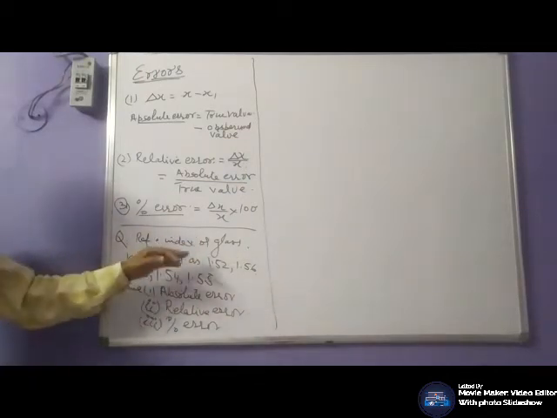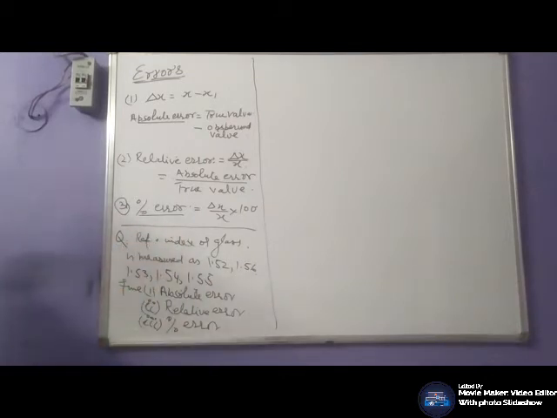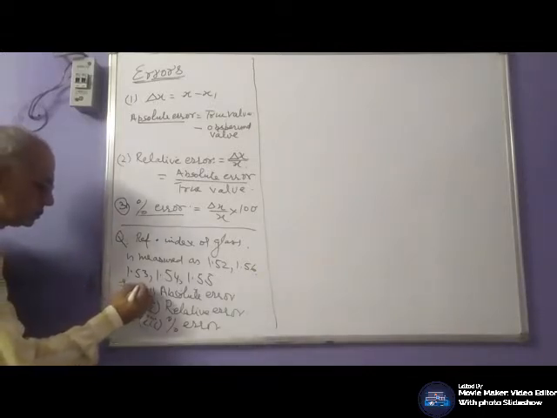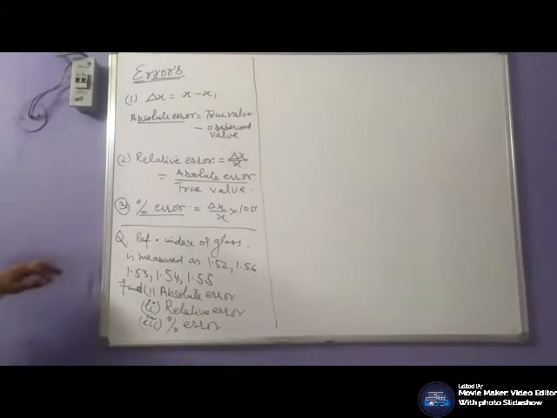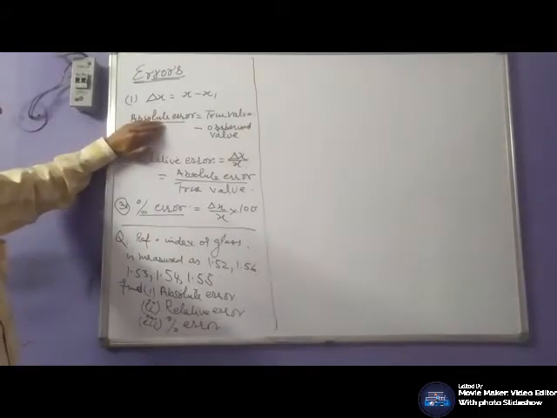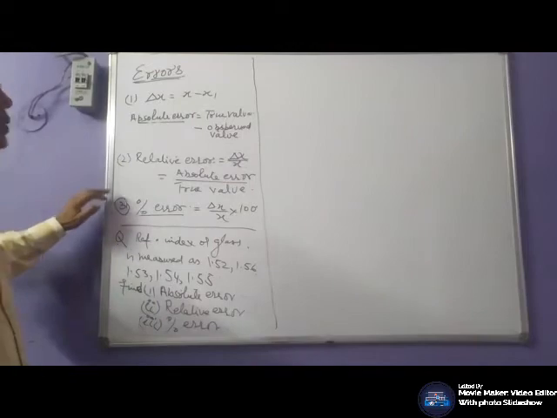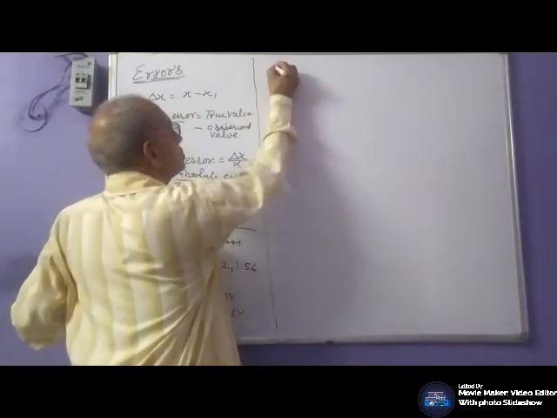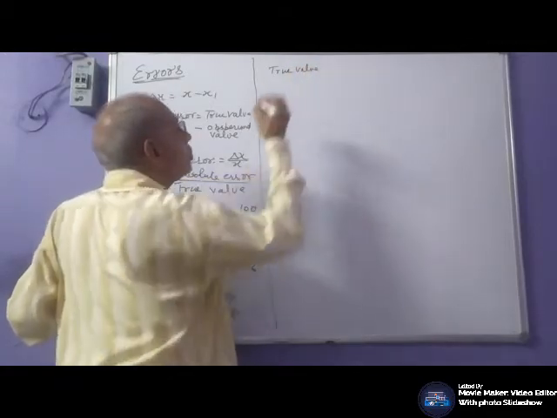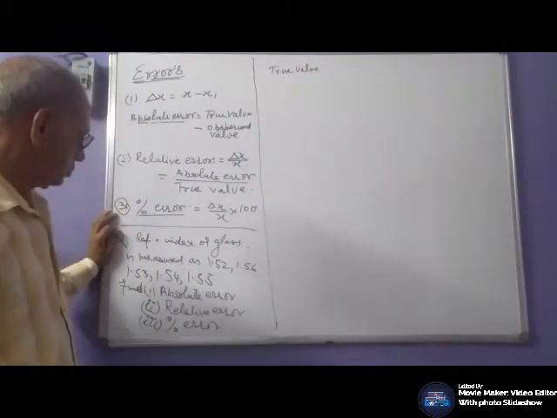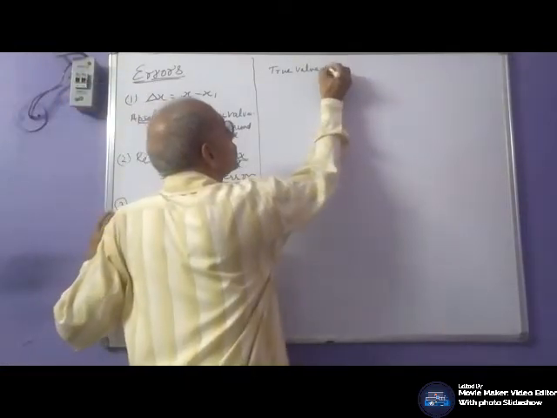Refractive index of glass is measured. These are the values. Find absolute error, relative error, percentage error. What is absolute error? True value minus observed value. True value, so that is mu.